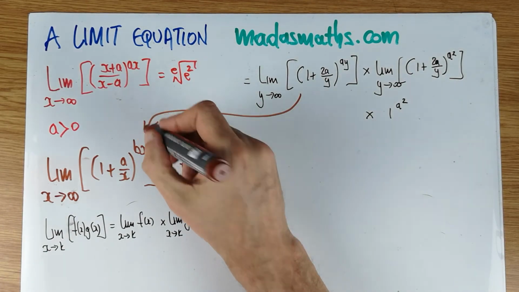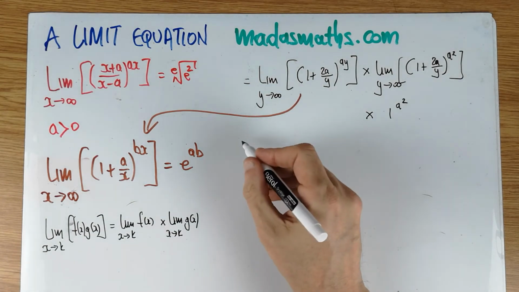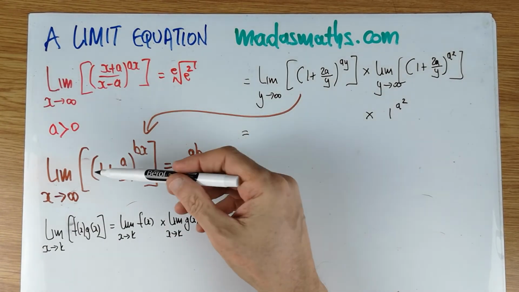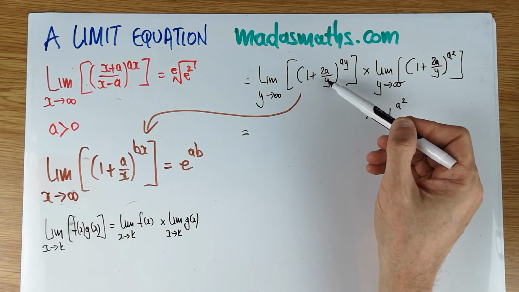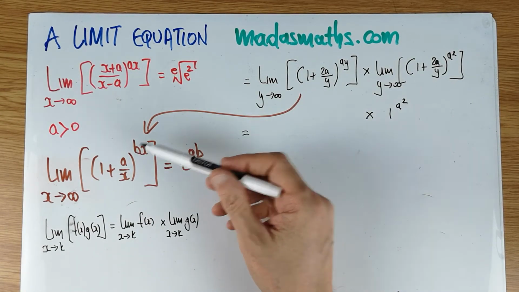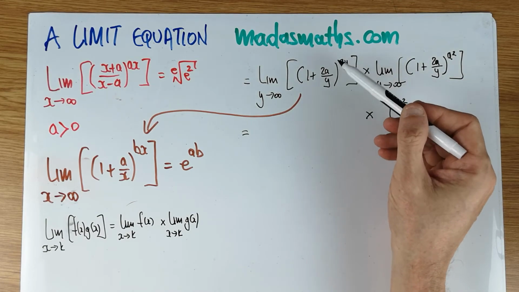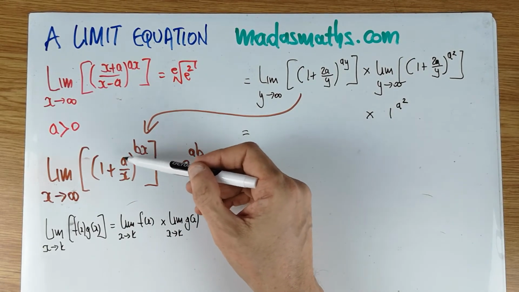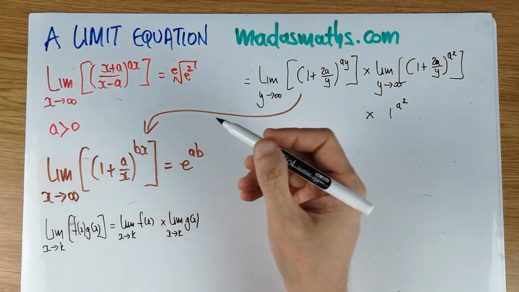So we have 1 plus 2a, we have a y there, but that is also y tends to infinity. And then we have an a again. It doesn't say here the number has to be distinctly different. Of course, if it was both a's or both b's, it would be a squared or b squared.